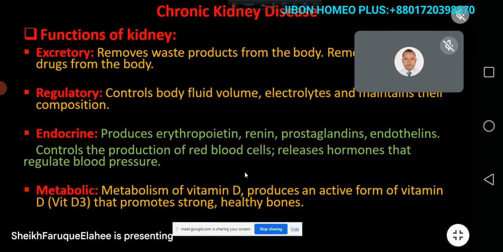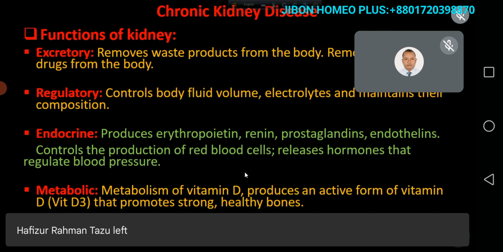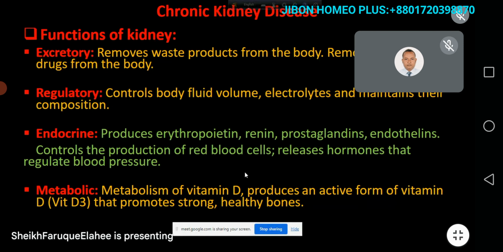This is the final form of vitamin D, and unless there is enough vitamin D3 produced by kidney, your food has enough calcium, but all will go through your stool.